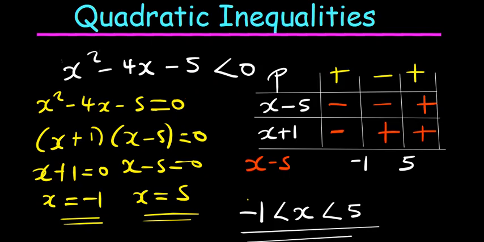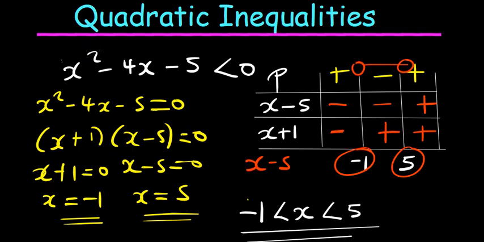So your region would have been from here going all the way to negative infinity, and from here going all the way to positive infinity, because that's where the positive numbers are. Just to illustrate that point. Since here we want numbers that are less than 0, we're getting the negative region, which is from negative 1 to 5.